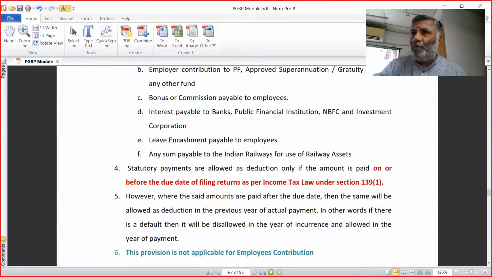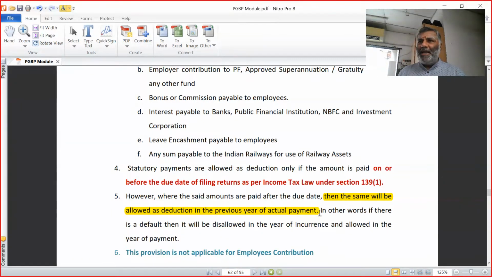You will disallow it and allow it in the year in which it is actually paid. Where the said amounts are paid after the due date, the same will be allowed in the previous year of actual payment.